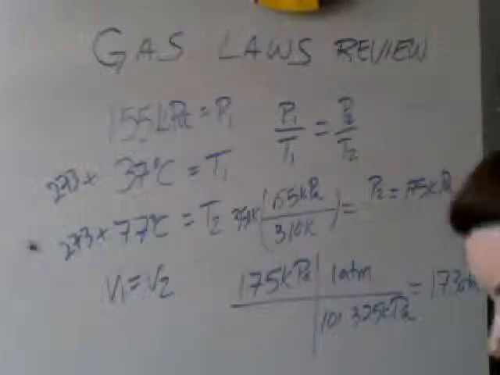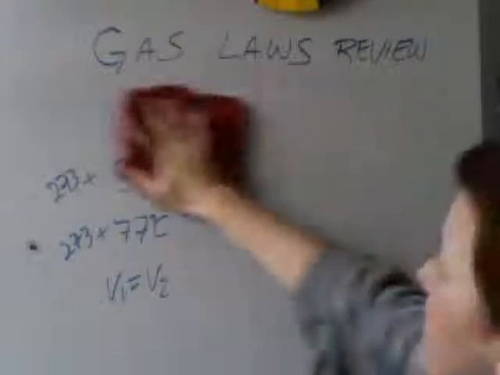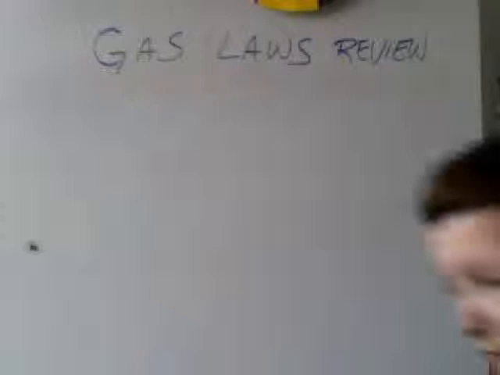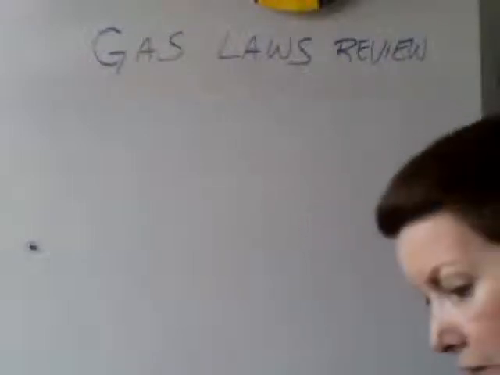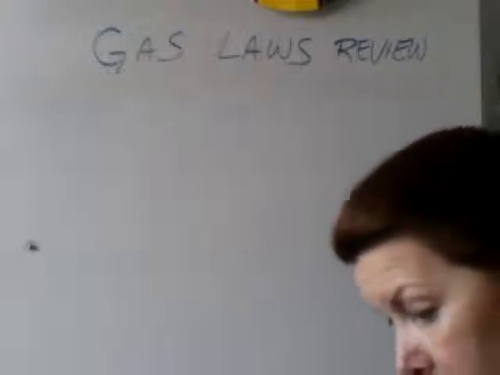So I hope that you're taking the time to work through these problems and not just watching me solve them, and that you're figuring out how, if you identify your variables and pick out your equation, then you can substitute those in to solve.